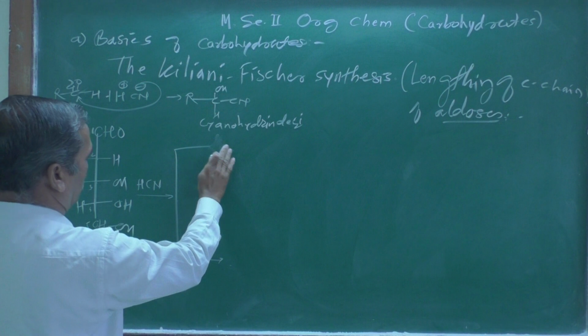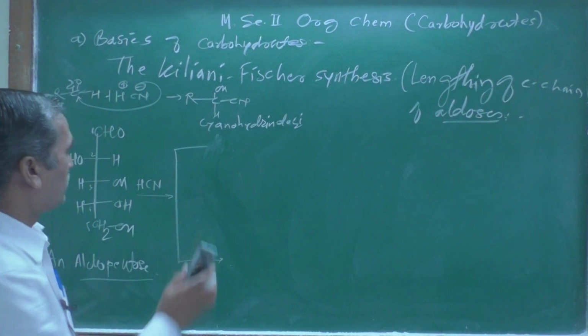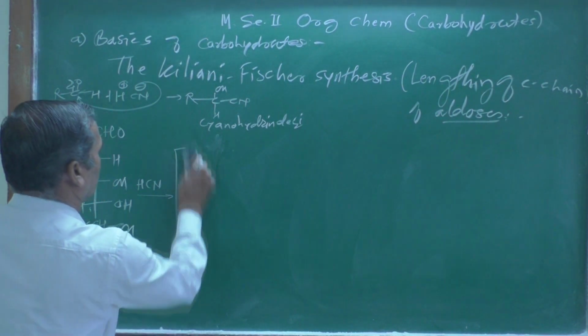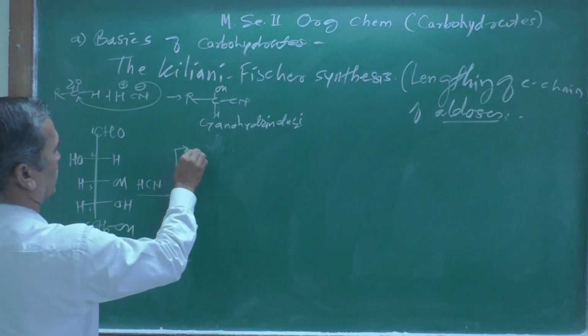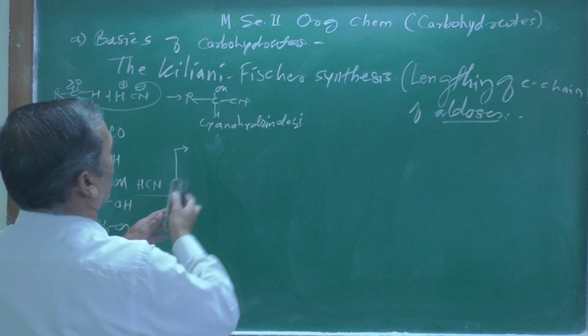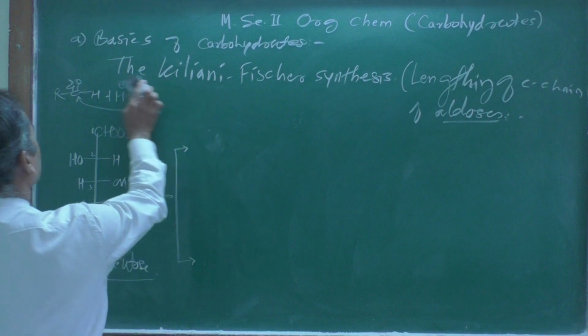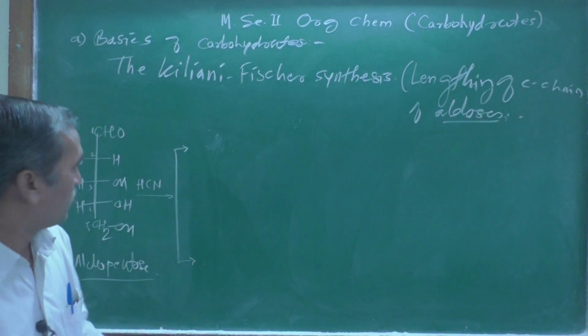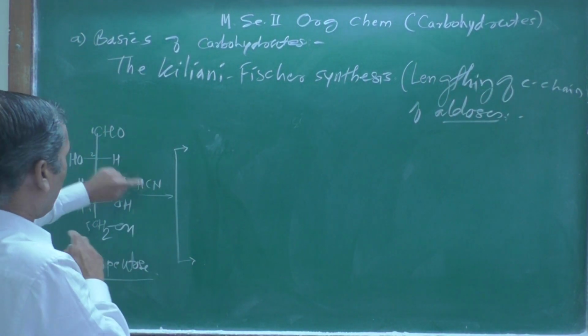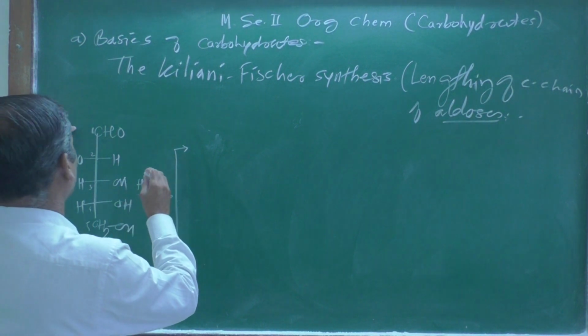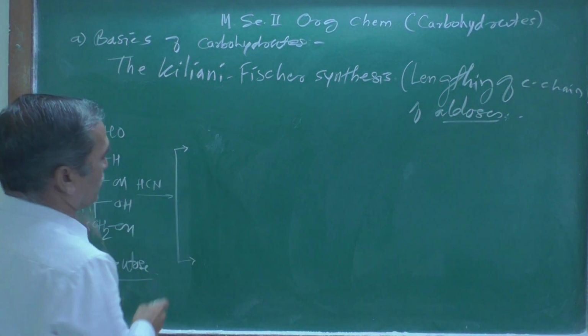Let me shorten this so that we can get this one, and I am cleaning this. Now the same thing is happening. There is an aldehyde group, and hydrogen cyanide comes over there. So what do you get?